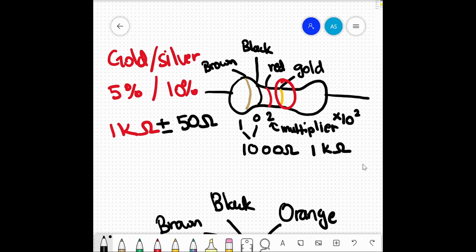So that would mean that this resistor here has a resistance of somewhere between 950 ohms to 1050 ohms. For a silver band, it would be a plus minus of 100 ohms. So that would mean that this resistor, if it were to have a silver band as the tolerance band, would have a resistance of between 900 and 1100 ohms.